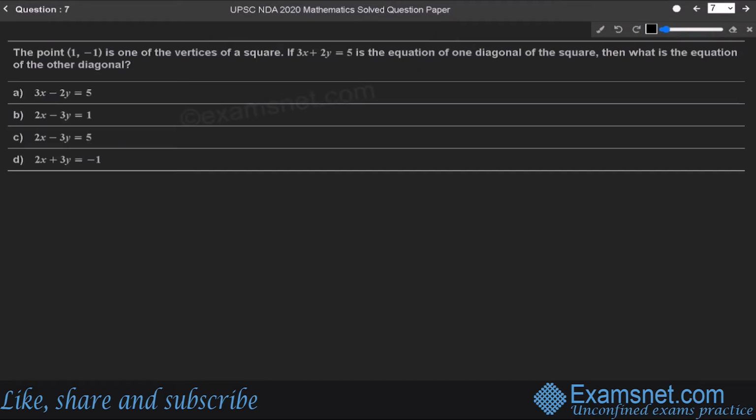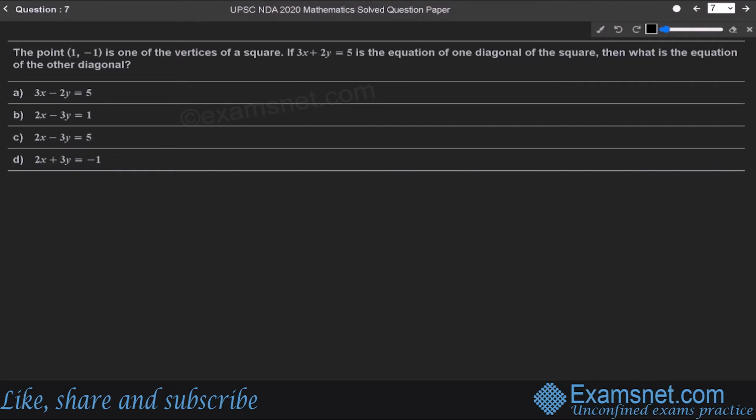Next question is the point 1 comma minus 1 is one of the vertices of a square. If 3x plus 2y is equals to 5 is the equation of one diagonal of the square, then what is the equation of other diagonal?